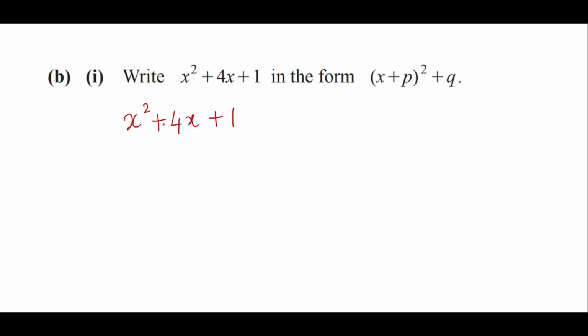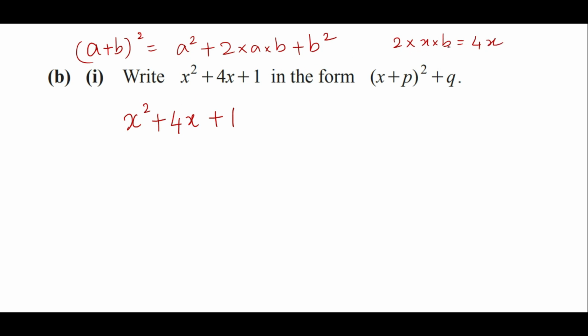Now since it is a plus here, so we are using the identity a plus b the whole square, which is a square plus 2ab plus b square. Now here the 2ab term here is 4x, so it's 2 times x times b giving you 4x. So the question is to find what is b. So it is just 4 divided by 2 giving you 2.